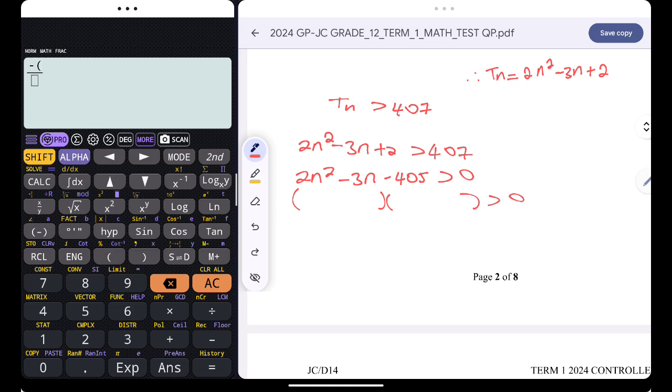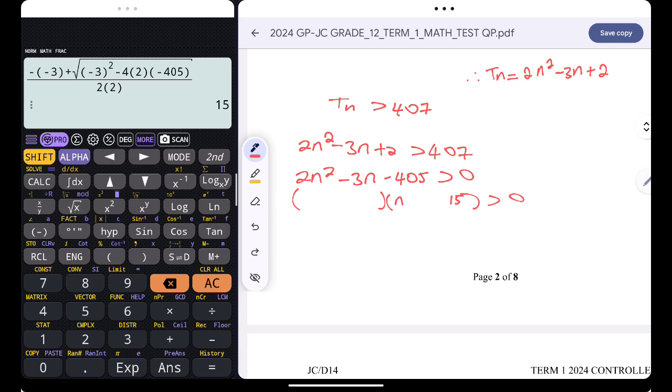So b is equal to negative 3 plus negative 3 squared minus 4ac, all over 2a. Minus 4ac over 2a. So I have 9, I have 15 over here.